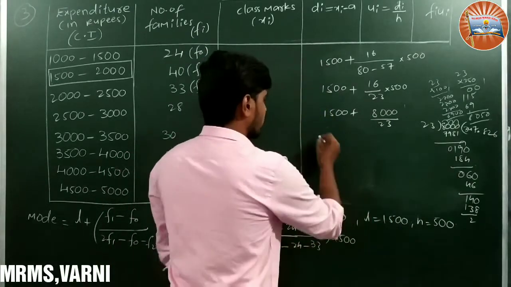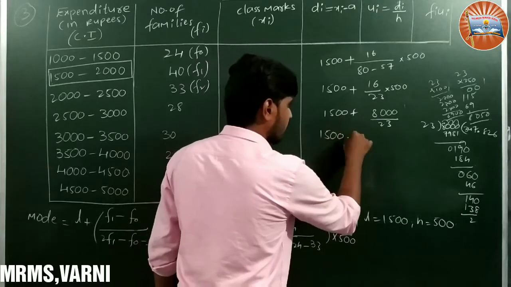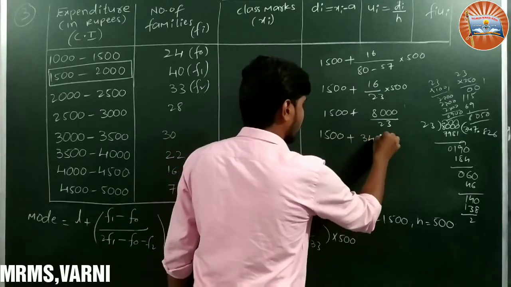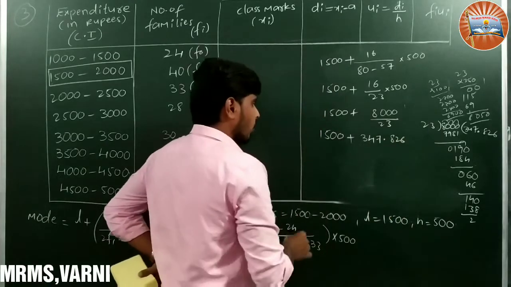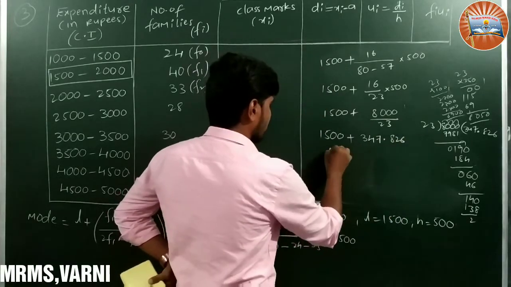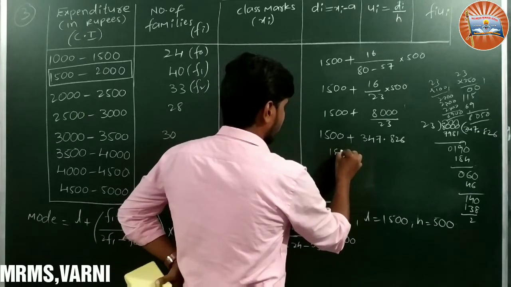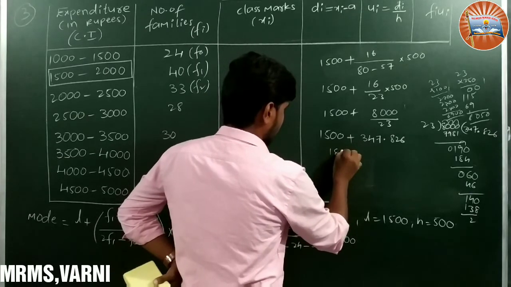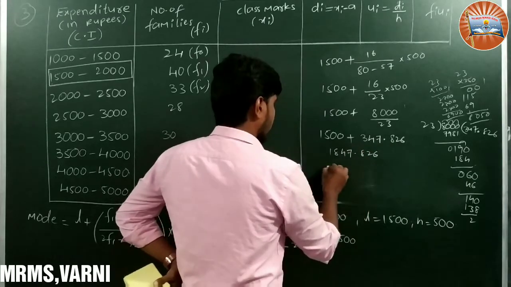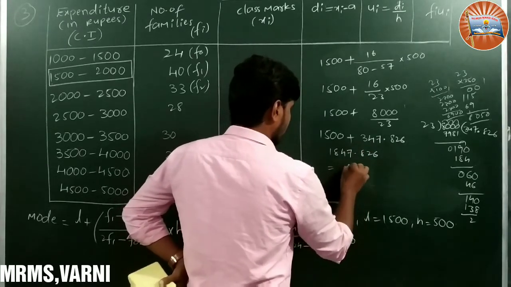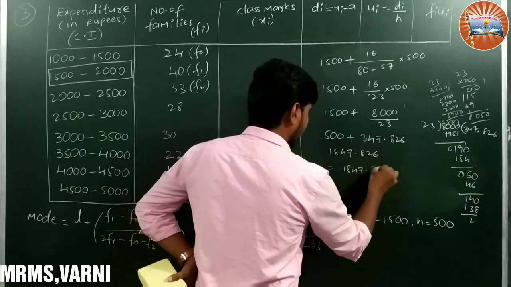What is the question now? 1500 plus 347.826. Okay. Now what do we do? Sum of this is 1847.826. Rounding off the decimals here, we can write 83.